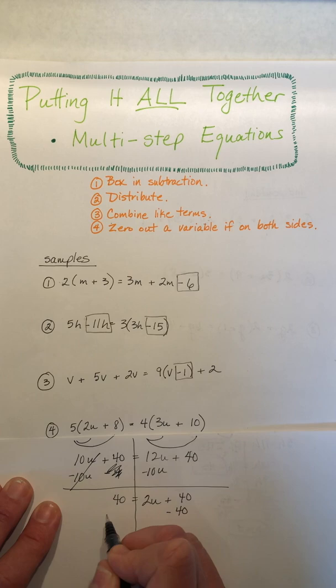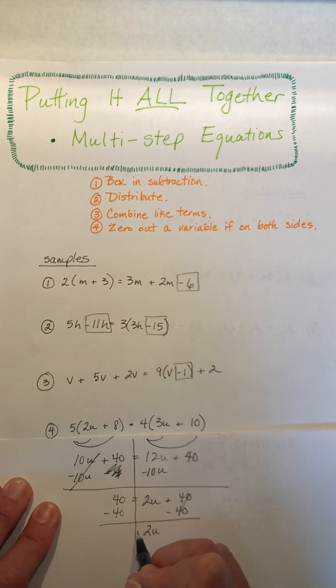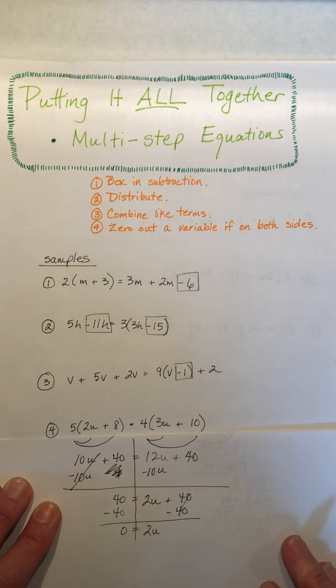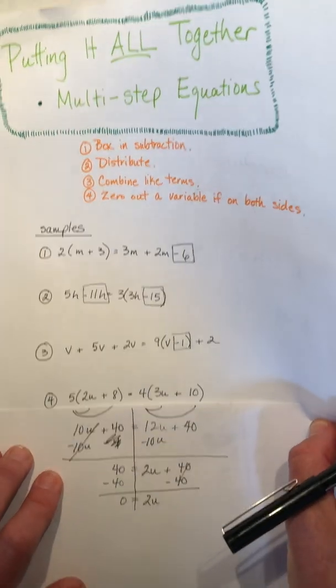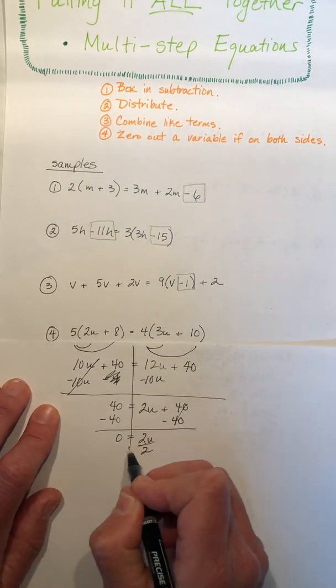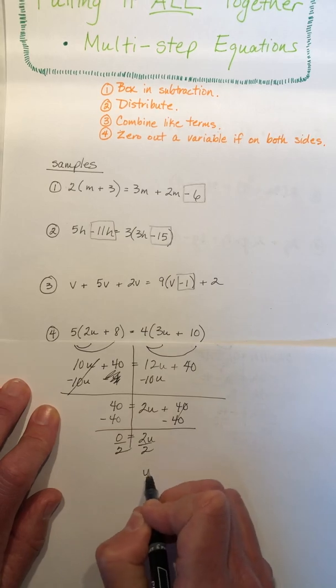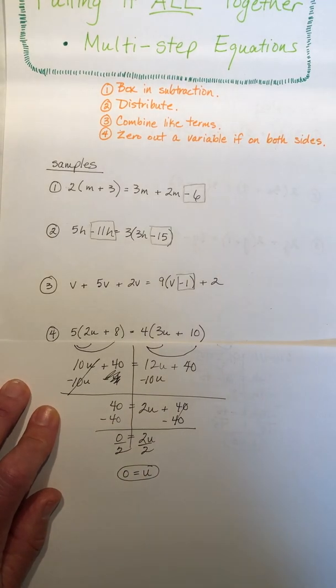I'm ready to subtract. 2u equals 0. Let me scooch this up a little. I'm dividing both sides by 2, and u equals 0.